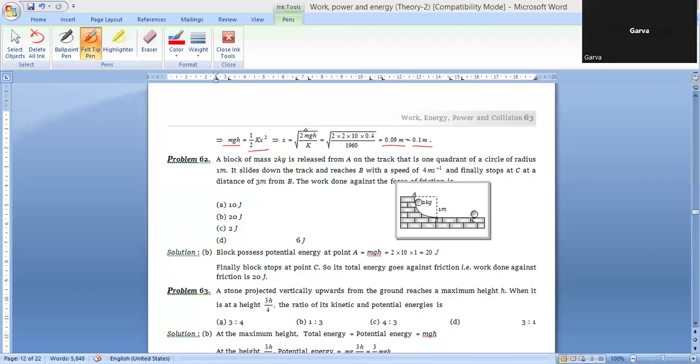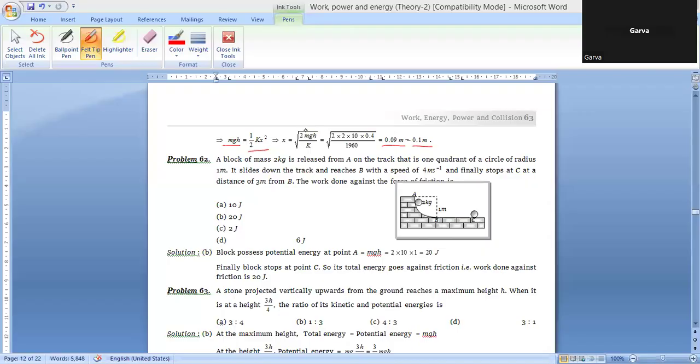So instantaneous power P is equal to vector F dot vector v. It means power is the scalar product of force with velocity. Power is a scalar quantity.